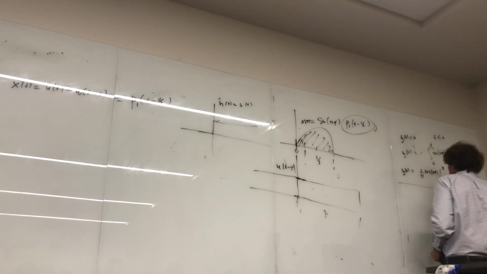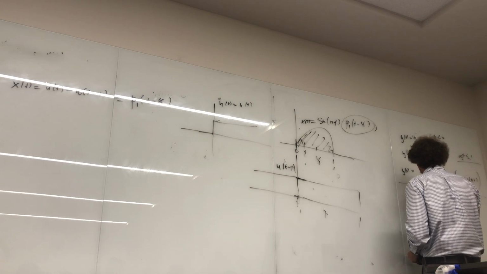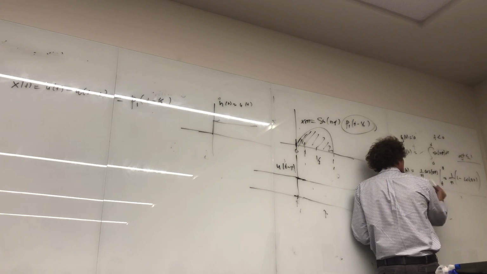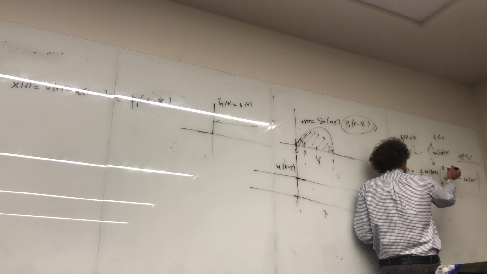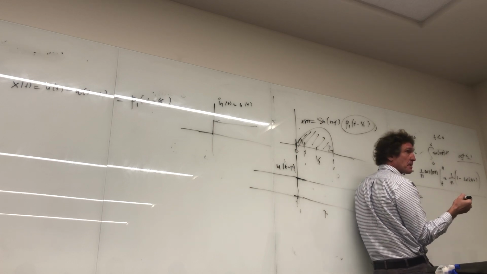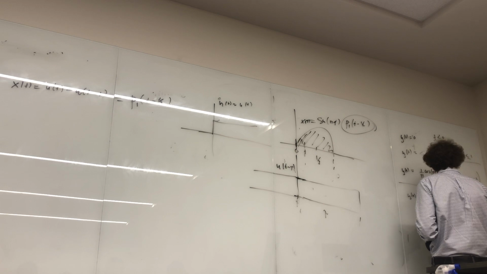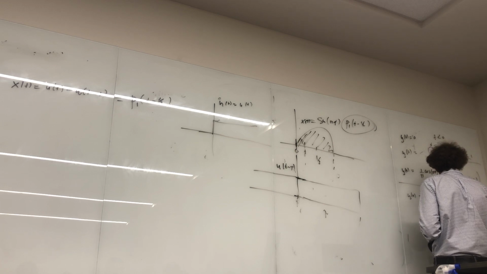And the last regime, y of t equals the same integration result here, but now the limits are not from 0 to t, but from 0 to 1, correct, class? So now you get 1 over pi times quantity of 1 minus cosine of pi.